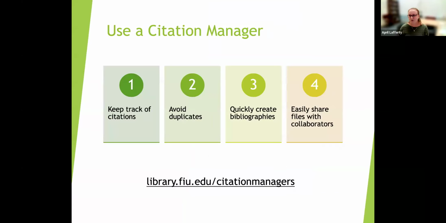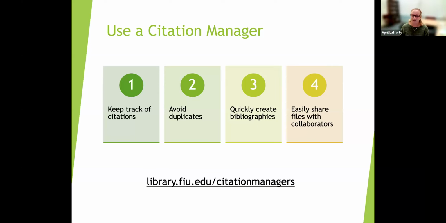Literature reviews tend to require quite a few citations, so it is really useful to use a citation manager. I'm not sure if you're familiar with them or not, but they can be really useful to help you keep track of your citations, avoid duplicates, create bibliographies, and share files, like if you're doing a group project.